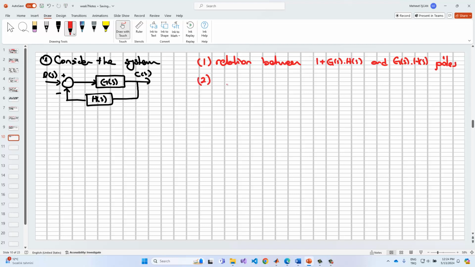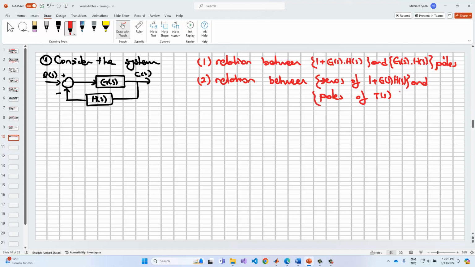And so these poles should be evaluated in here. And the second relation is the relation between the zeros of 1 plus G(s)H(s) and the poles of T(s).